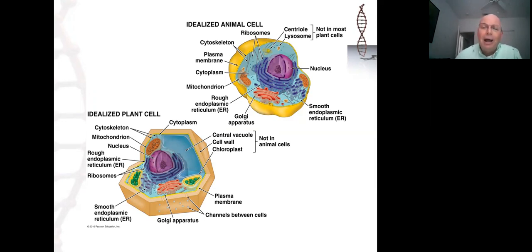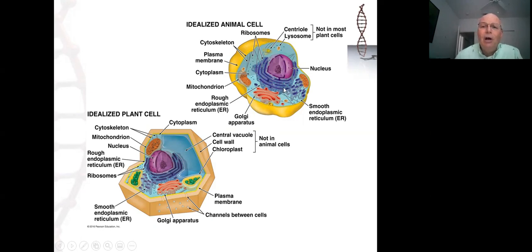But then there are other features that are common to plant cells and animal cells that are not found in prokaryotic cells. So we have the sheets of membrane called the endoplasmic reticulum. Some of it is sheet-like, some of it is tube-like. It's all lumped together as endoplasmic reticulum.